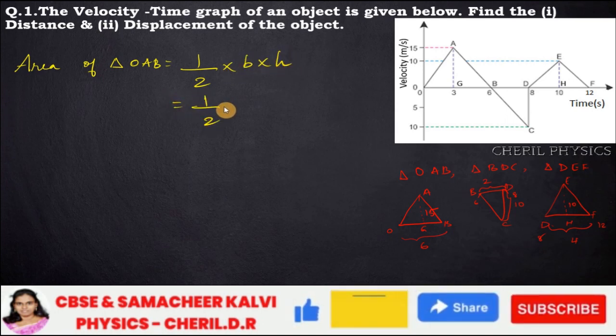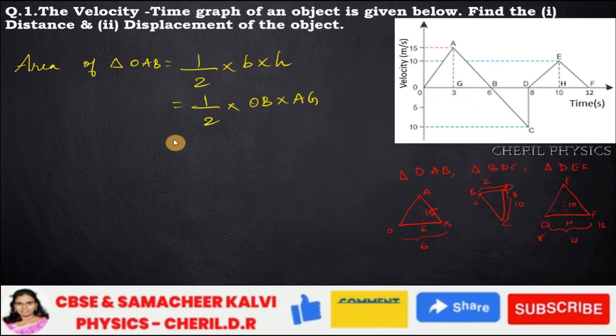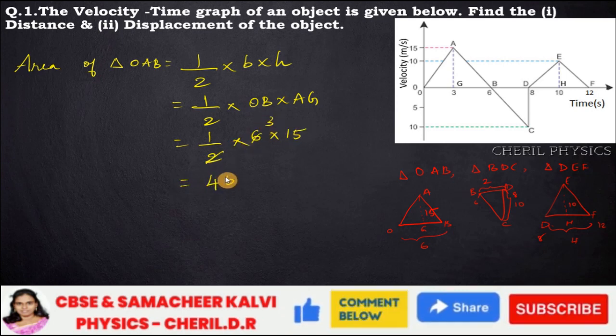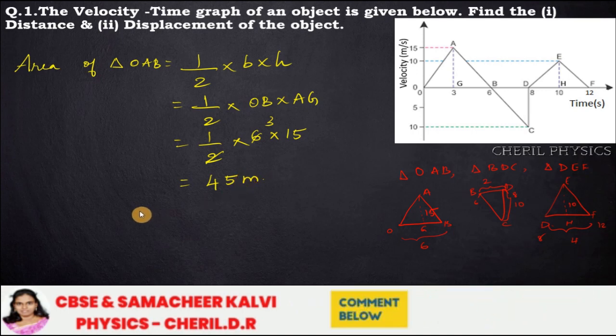Your base is OB, and the height is AG. So half into OB, we are calculating everything individually; we did it already, so I am just substituting here. 6 into 15: 2 3s are 6, 15 3s are 45 meter.